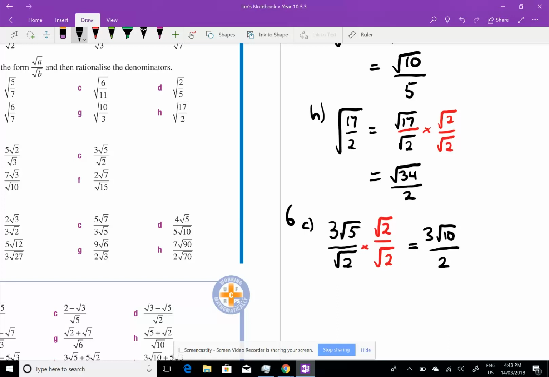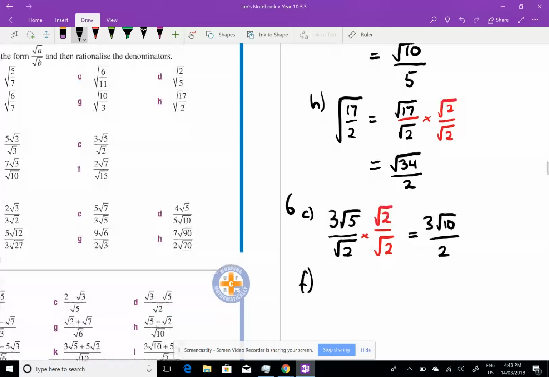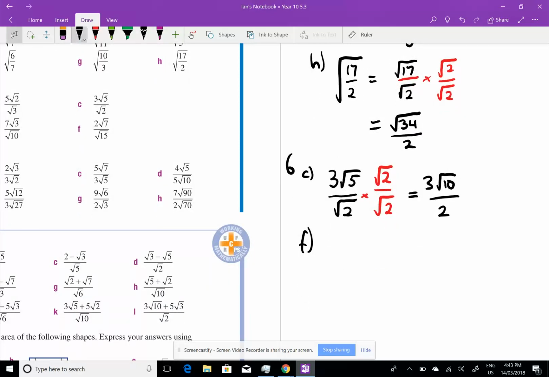Let's go F. Now remember, you're meant to be doing both columns. 2 root 7 on root 15. All right. Look at the denominator, root 15.